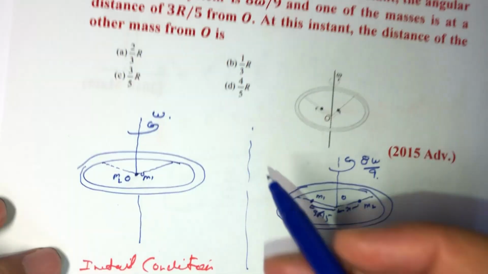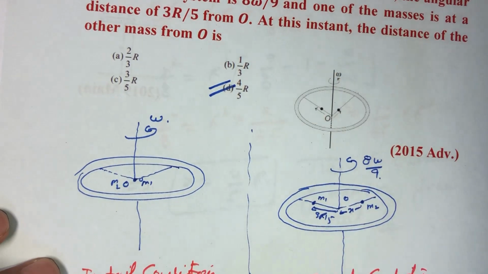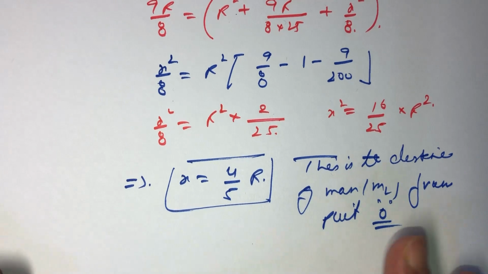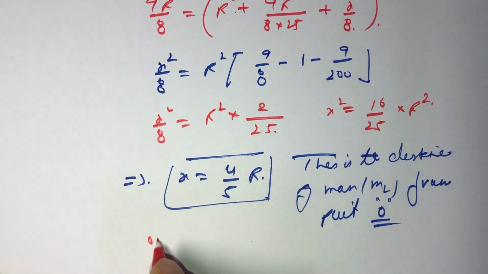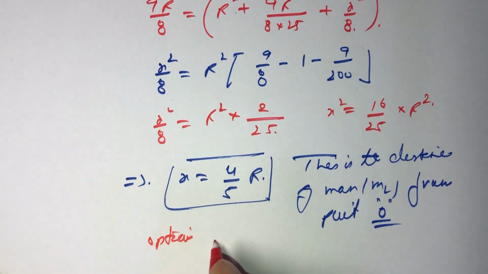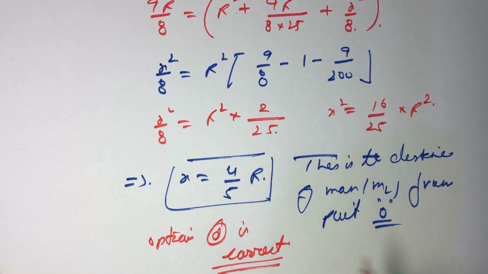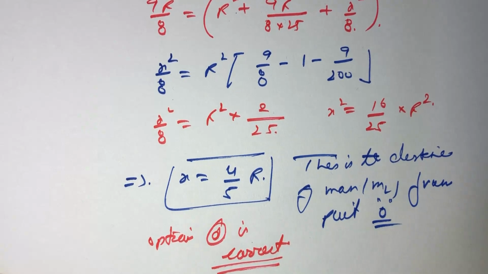We can say option D is the correct option. So therefore we can say that option D is correct. So this completes the question. Thank you.